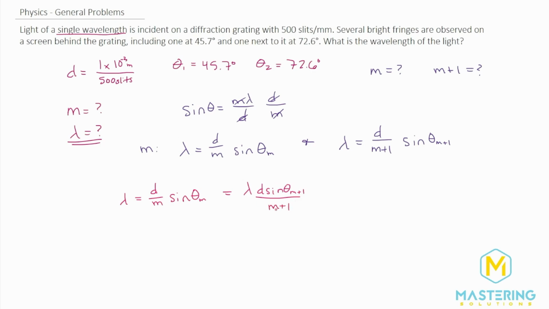This is the same thing as this right here, just a different way of writing it. Now we're going to divide both sides of the equation by this. When we divide this by itself, it'll be 1. So what we'll have is lambda equals d over m plus 1 times sine of theta sub m plus 1.